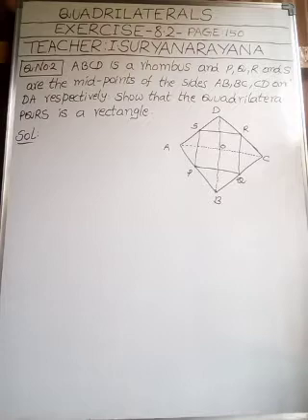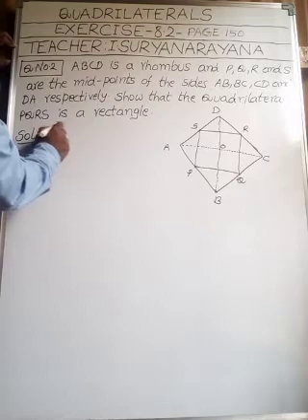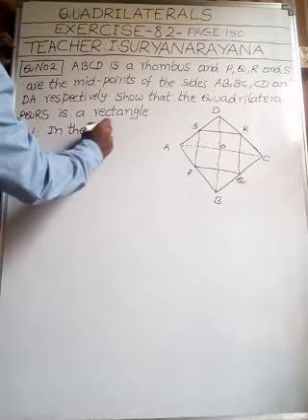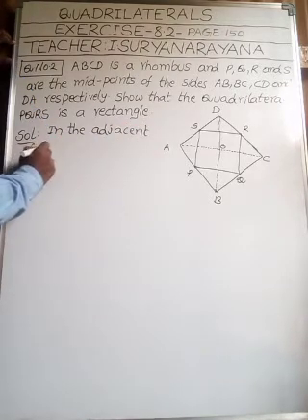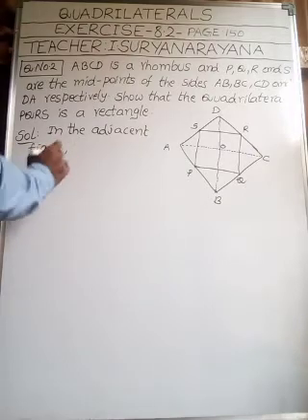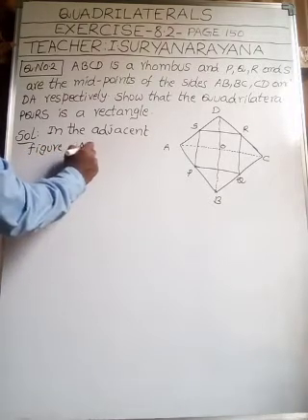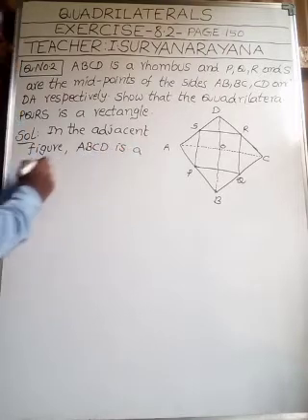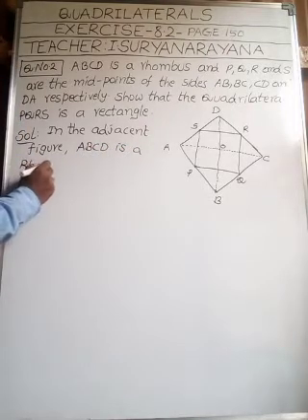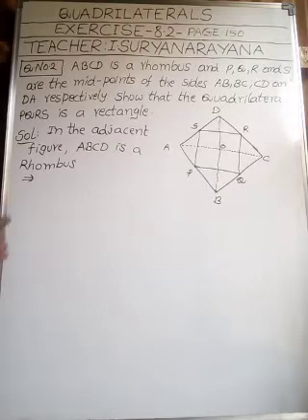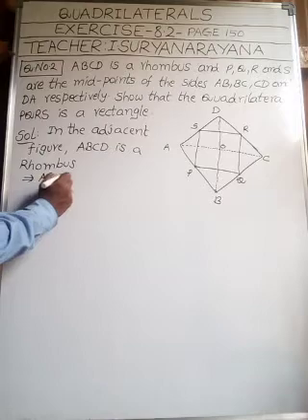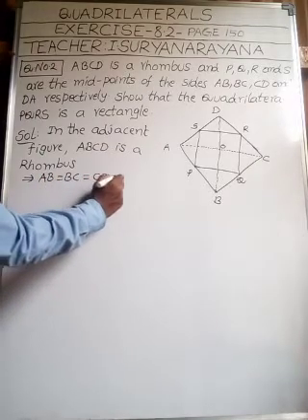Then we have to prove that PQRS is a rectangle. Okay, my children? Right. First, let us write the given data. In the adjacent figure, ABCD is a rhombus. Immediately you have to write the properties of rhombus. What are the properties of rhombus? AB is equal to BC is equal to CD is equal to DA.